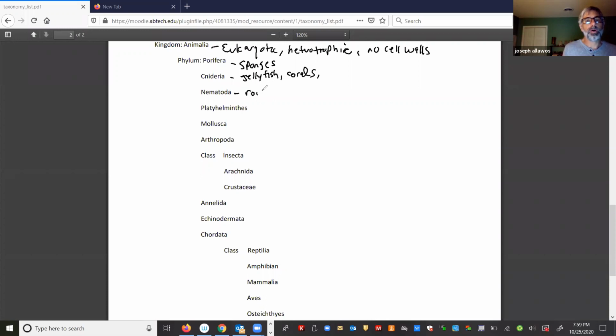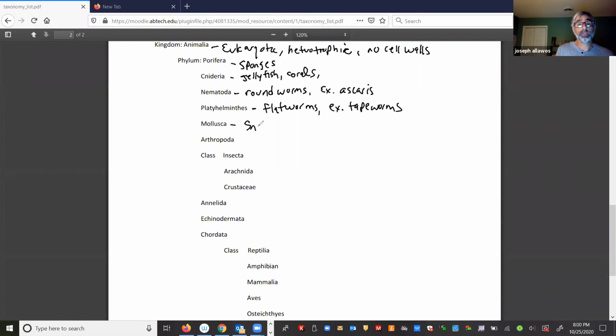Nematoda are the roundworms. Example, Ascaris. These include things like heartworms, not tapeworms, but heartworms. Platyhelminthes are the flatworms, which include tapeworms. Yuck.